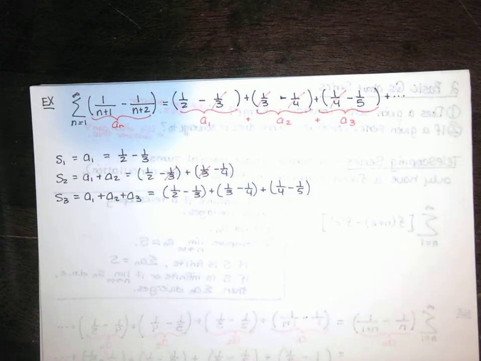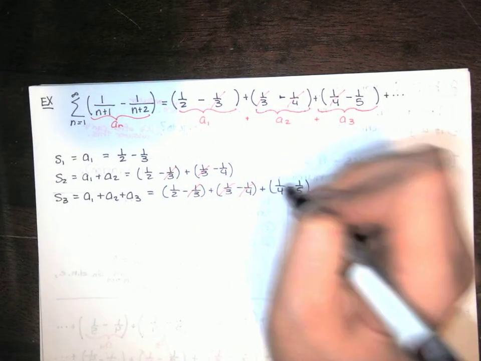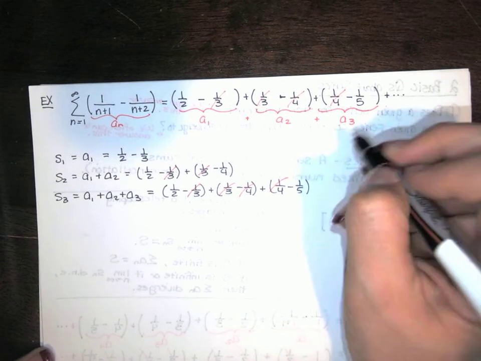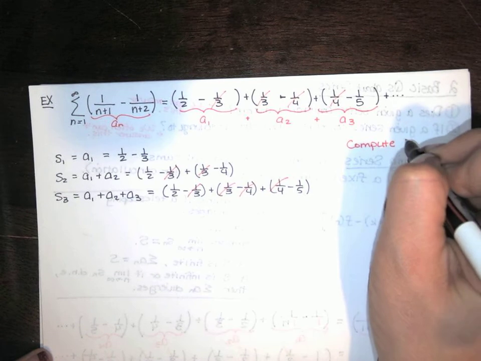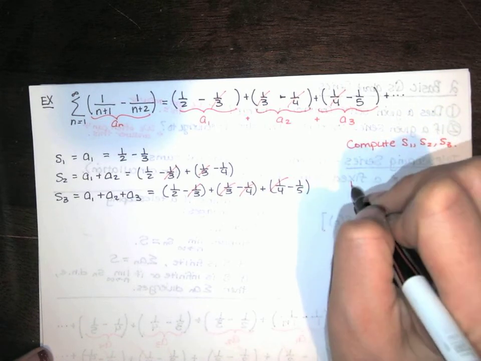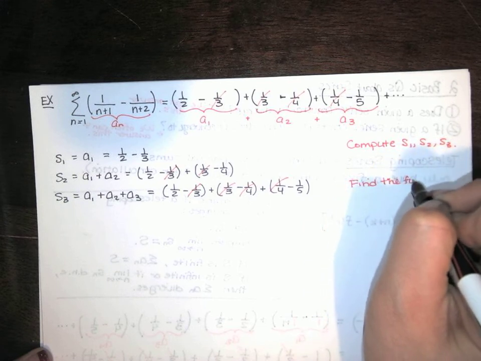And then we look for cancellations. The negative 1/3 and the 1/3 reduce. The negative 1/4 and the 1/4 reduce. And this is the process that you'll follow generally. Compute S sub 1, S sub 2, S sub 3. And then you're looking for a pattern. You want to find the formula for S sub n.